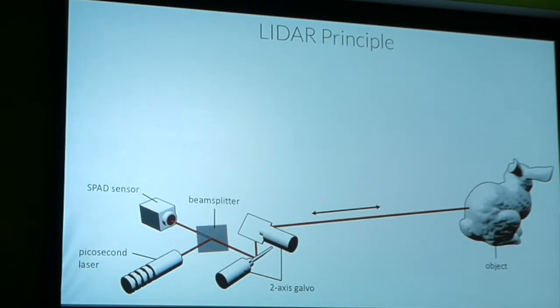And if we wanted to capture a 2D image of depth map or a 3D point cloud, we could simply scan this around the scene, or we could also use a 2D sensor and a flood illumination pattern to do this all in parallel.